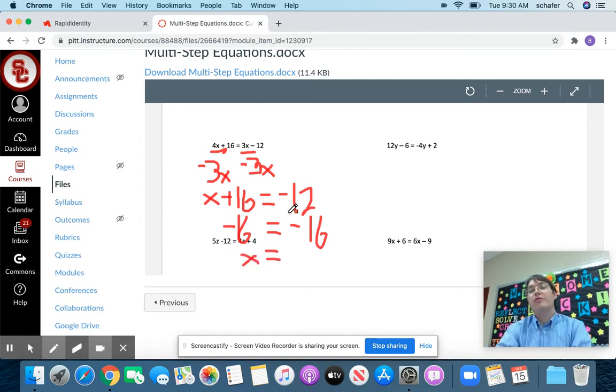Now this is a little bit tricky because I have a negative 12 and I have a negative 16. Well, whenever you have two negative numbers, you add them together. Normally when I subtract a number, for instance, if I came over here and I said 6 minus 4, I would take the 4 away, and that would give me 2.